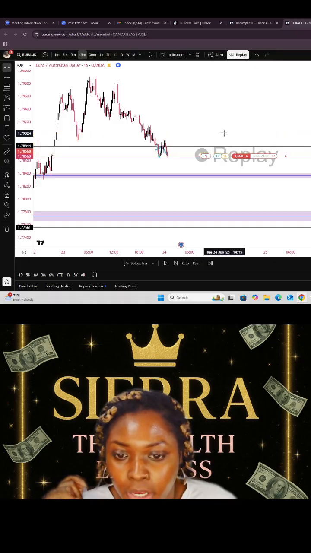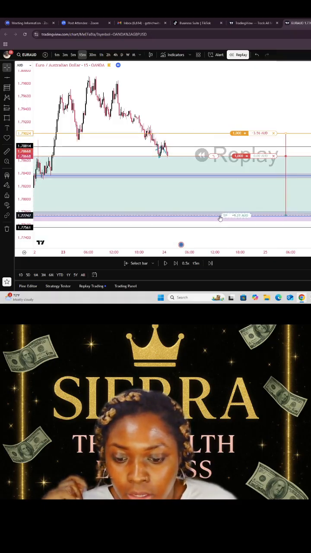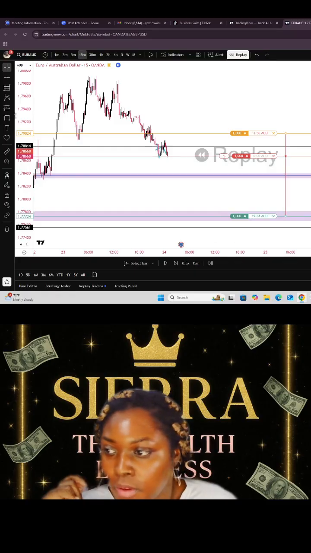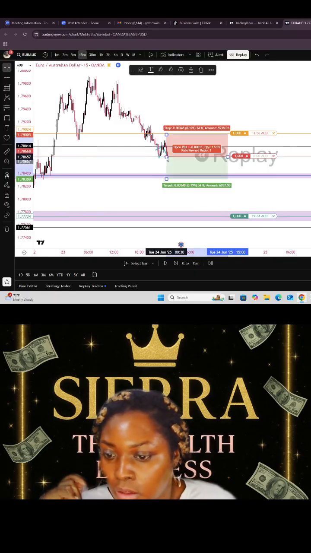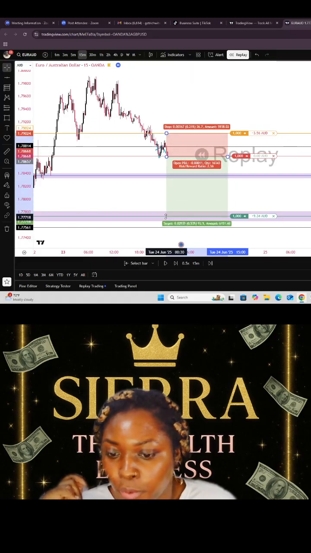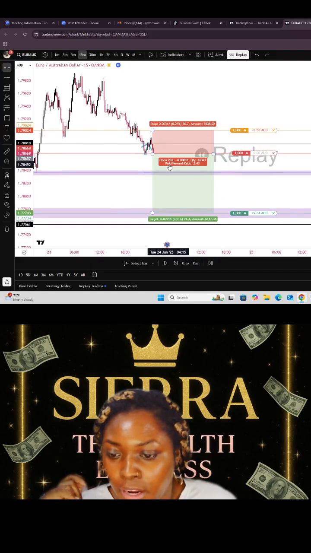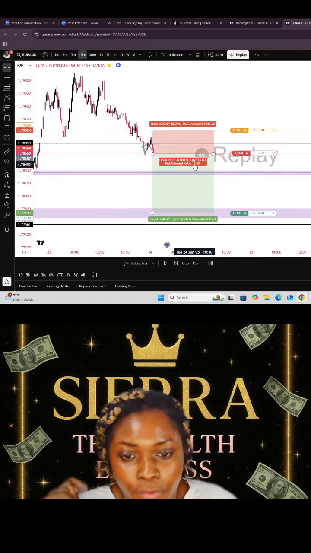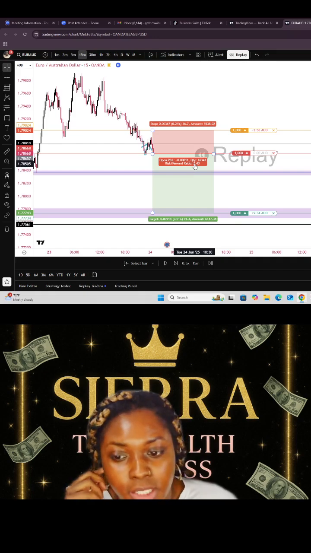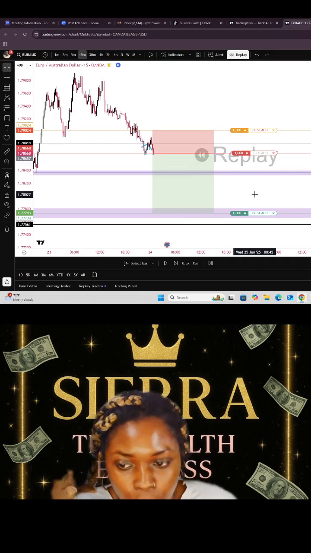So I'm going to pull it here, and then TP is here. We'll put our short tool on just to measure our risk to reward. It says risk to reward ratio is 2.49. Remember, we want to take 2 to 1s or more.